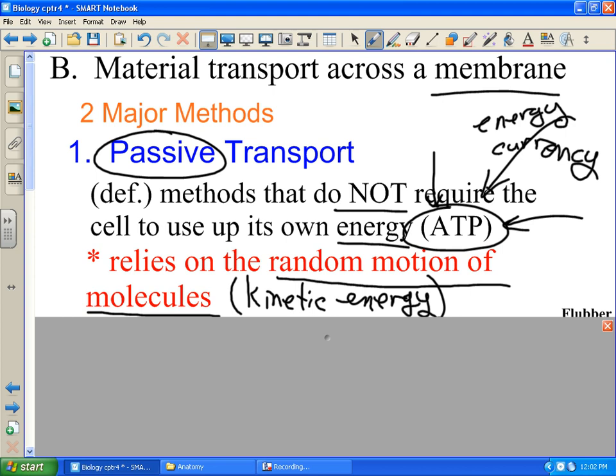So kinetic energy is this energy of motion. Even something solid, the particles in it are moving. Now they're not moving much, but they're moving just like a vibration. Sometimes we call it Brownian motion.